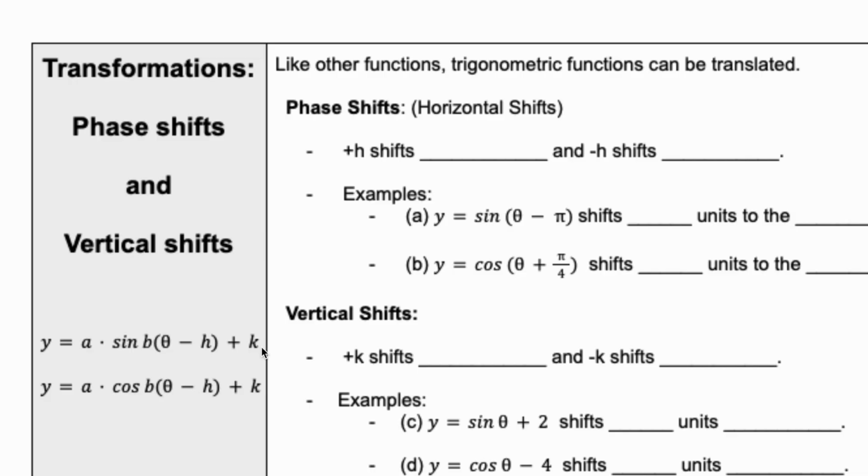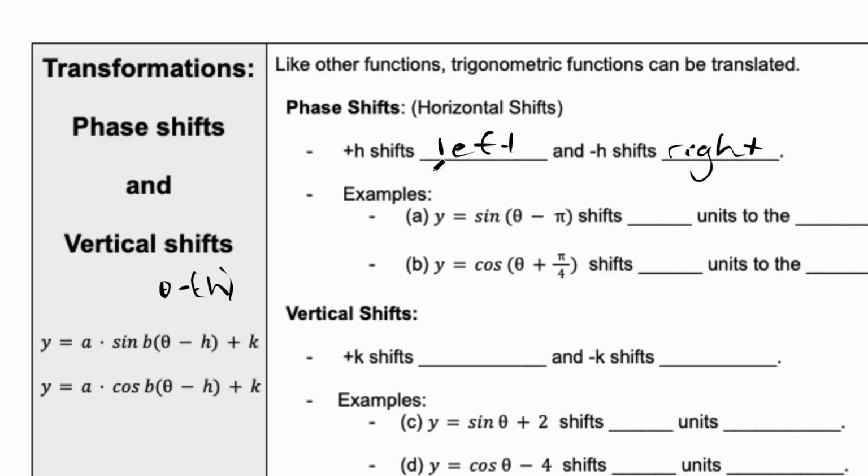So when we're subtracting H, we're going to be moving to the right, just like in quadratic functions. When we're adding H, that means almost a theta minus negative H, so this negative H is going to shift us to the left. It's very much like quadratics.